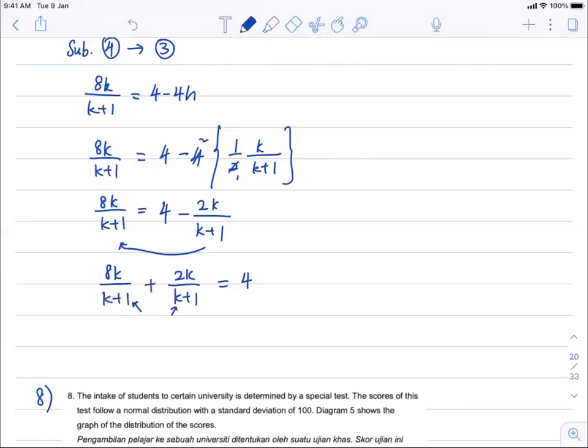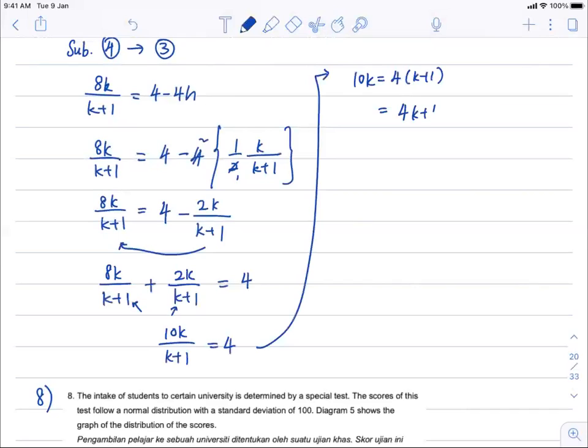We add them up, become 10k over k plus 1 is equal to 4. Okay, now I move on to this side to continue. 10k is equal to 4 multiplied by k plus 1. Then multiply in the 4, 4k plus 4. 10k minus 4k is equal to 6k equal to 4. So k is equal to 2 over 3.